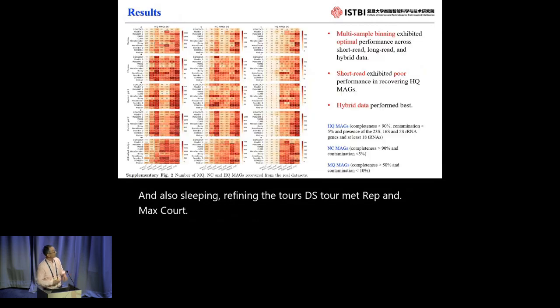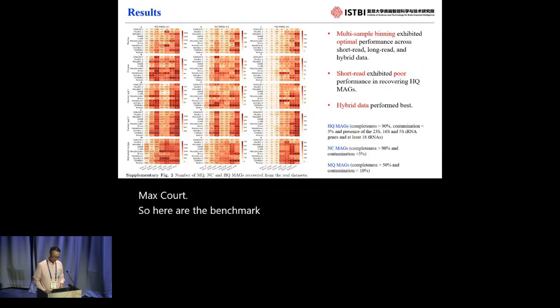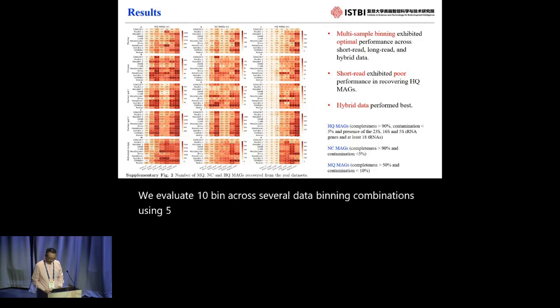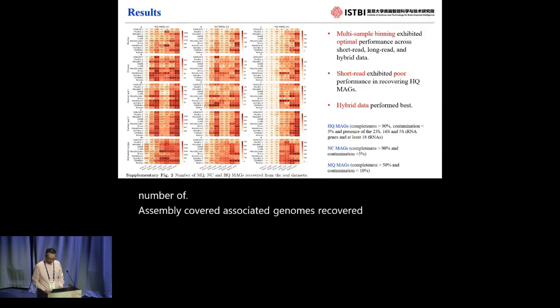So here are the benchmark results. Actually, we evaluated 10 binners across 7 data-binning combinations using 5 datasets. For each combination, we calculate the average number of sampling-covered associated genomes recovered by each binner.